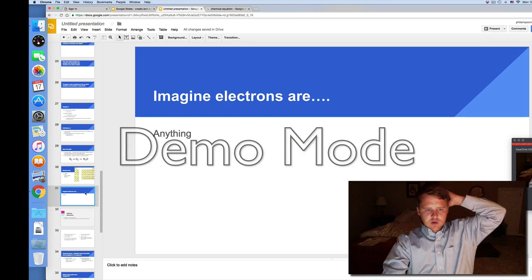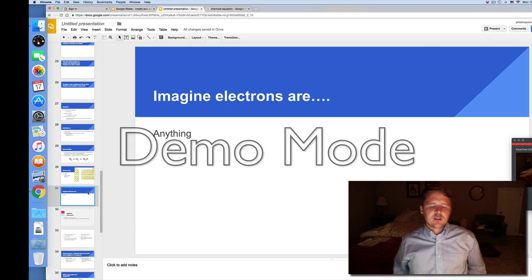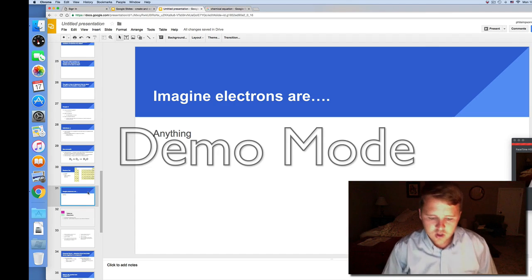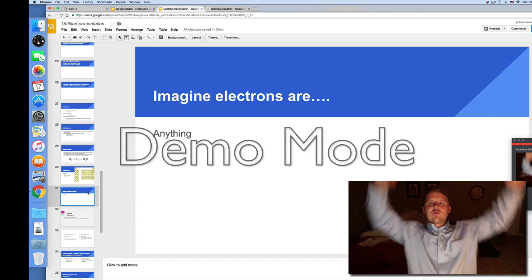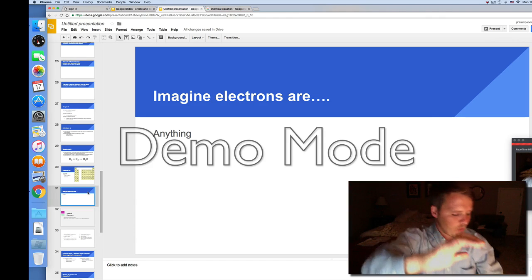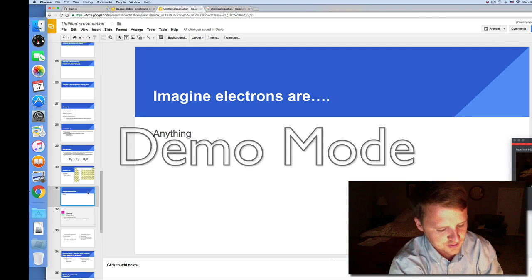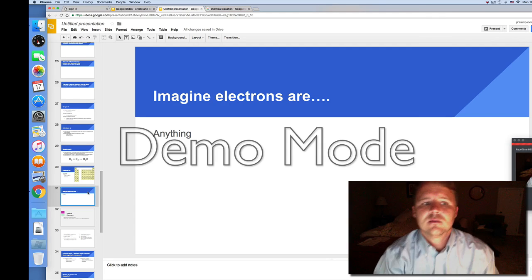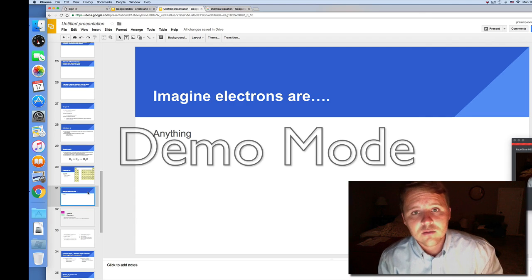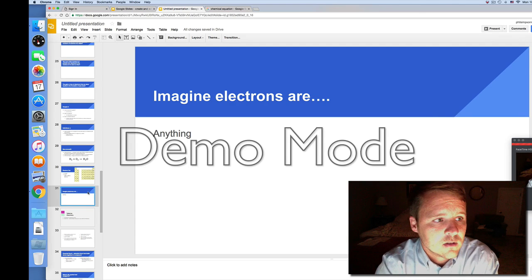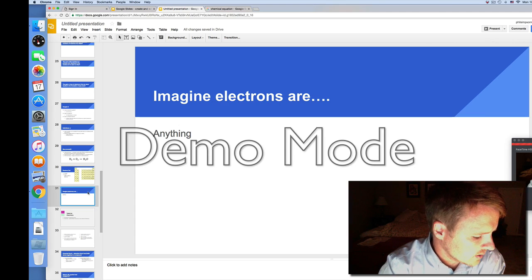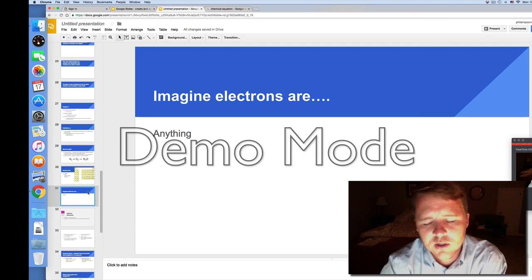Electron dot, where were we? Imagine electrons are anything. Diamonds, baseballs, basketballs, whatever. Whenever we're looking at the atom, imagine it's just 2 letters. You don't have to imagine that it's actually neon with 10 protons, or carbon with 6 protons, or oxygen with 8.